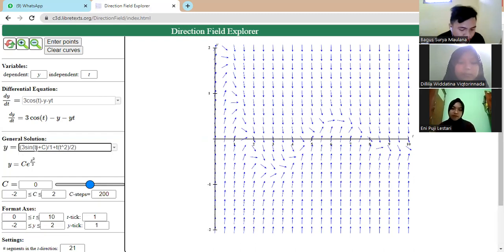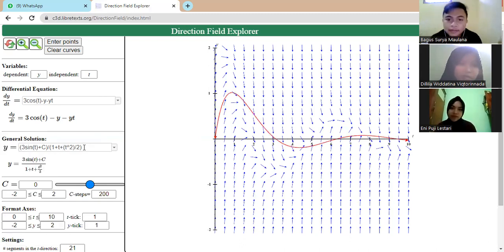Oh, sorry, I forgot the bracket in here: 3 sine t plus c, over 1 plus t to the power of 2 over 2. Okay, that's right. So just like the differential equation, we click enter.